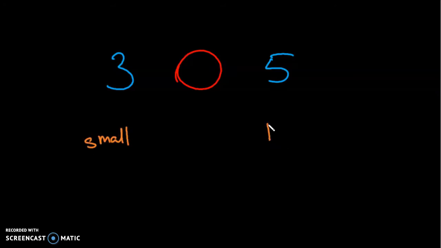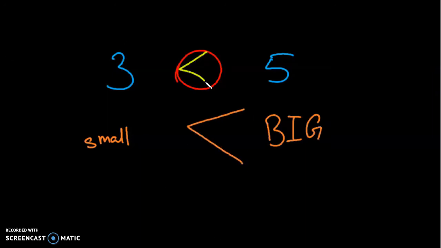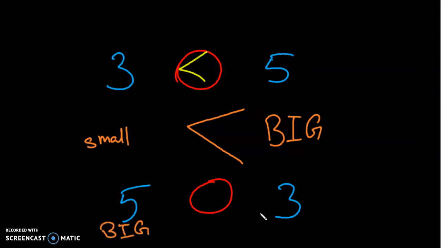So let's take two numbers, 3 and 5. 3 is smaller than 5, so 3 is small, and 5 is big. So this is the sign. 3 is less than 5. Same thing with 5 and 3. 5 is bigger than 3 and 3 is smaller.